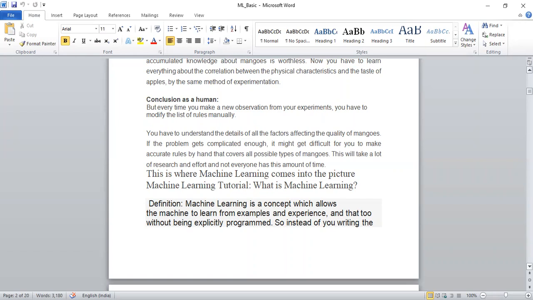Okay, so what is machine learning? It is a concept which allows the machine, okay, you have to automate the machine, to learn from examples and experience, and that too without being explicitly programmed. When you write a snippet of code and make it executable, when you debug and run the code, you will get the output which you desire.